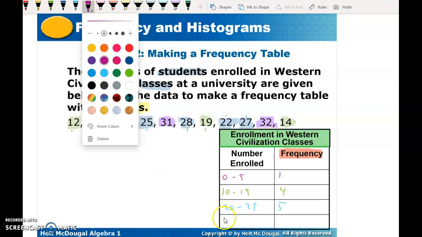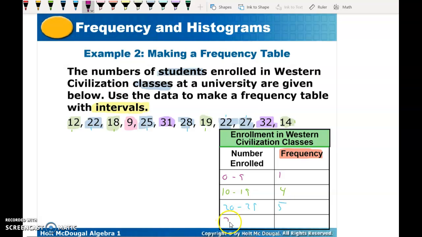We've got 30 to 39. That's a little bit better. And how many were there? 2. 1 and 2. 2. Cool.